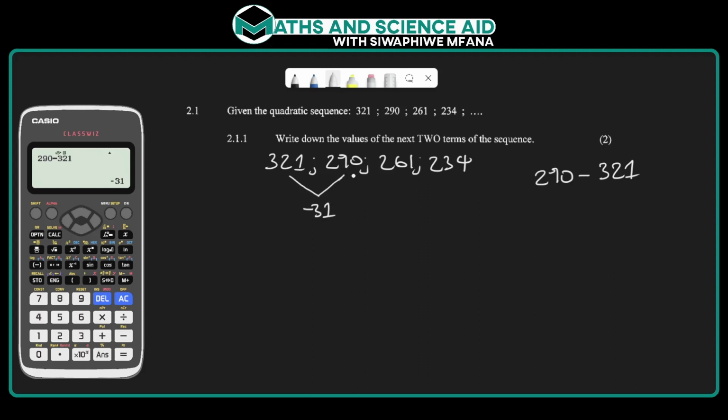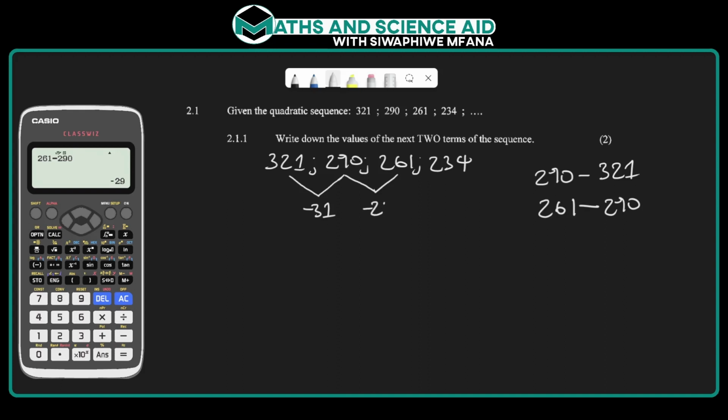And likewise, for the next two consecutive terms, which is 261 and 290, we can find the difference by subtracting 290 from 261, and so 261 minus 290 is equal to negative 29.